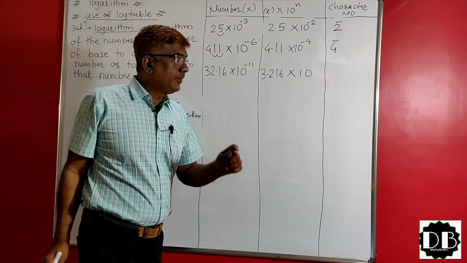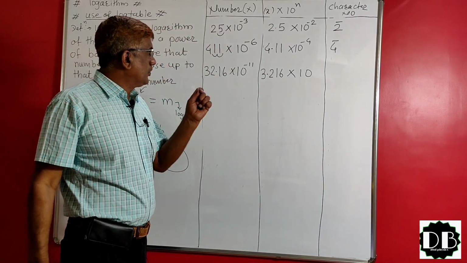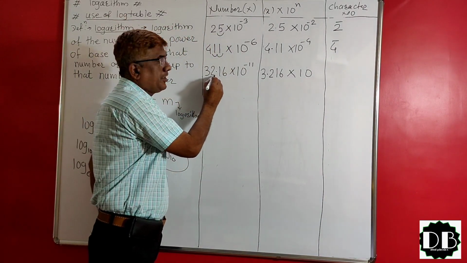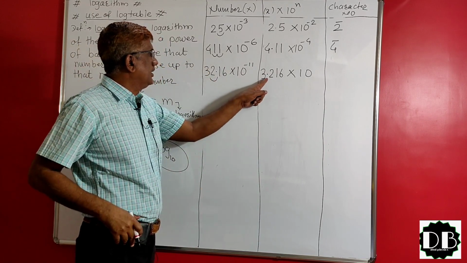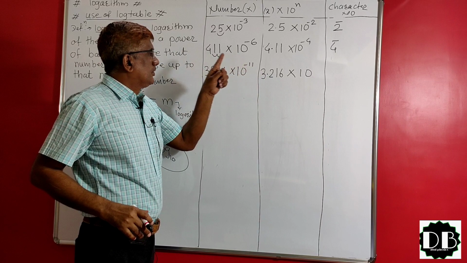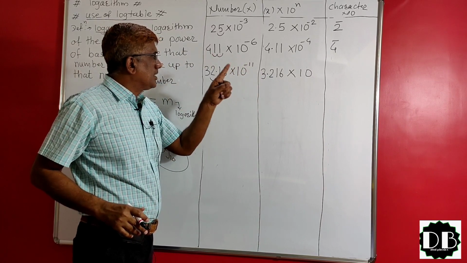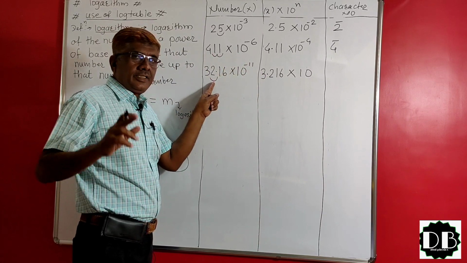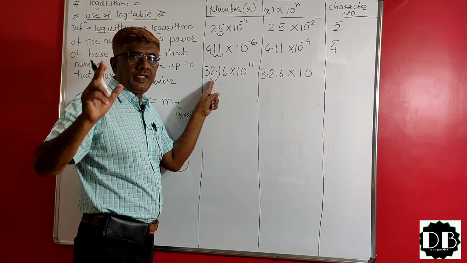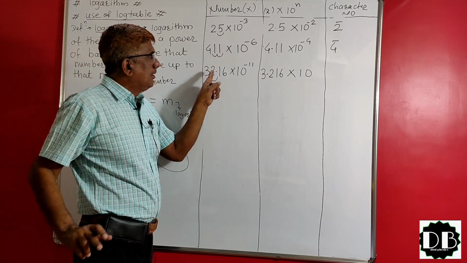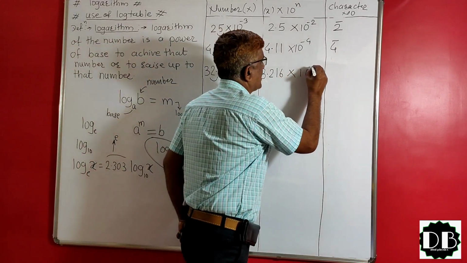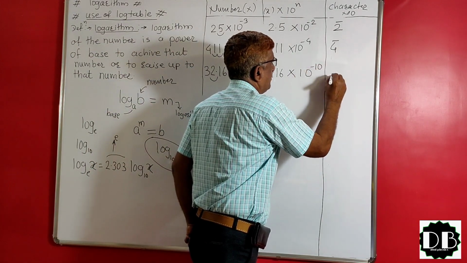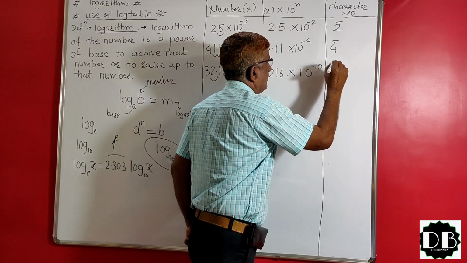Now, when we write the power of 10, we must consider the shifting from right to left through one digit right here. So 3.216, this shifting indicates one positive power, minus 11 plus 1 is minus 10. Character number is 10 bar.